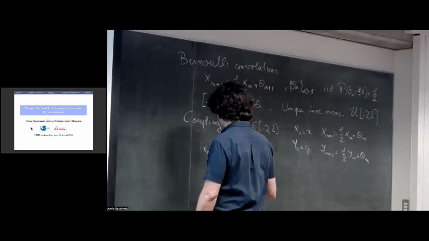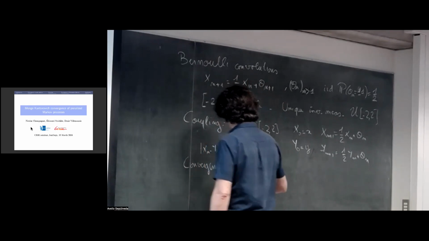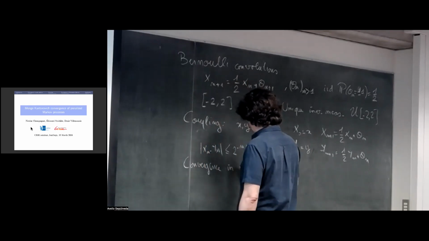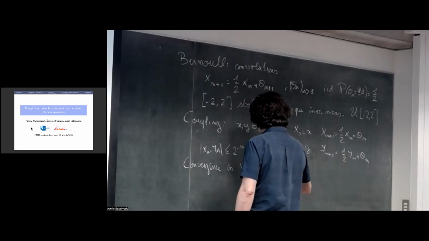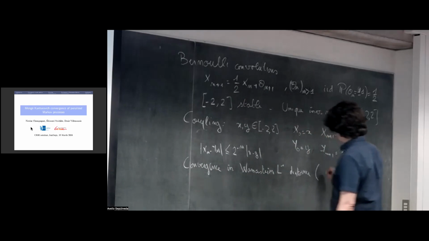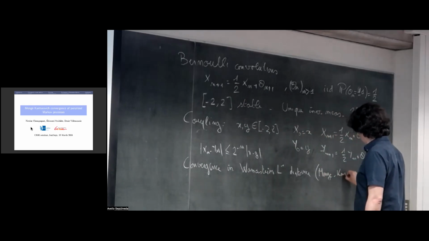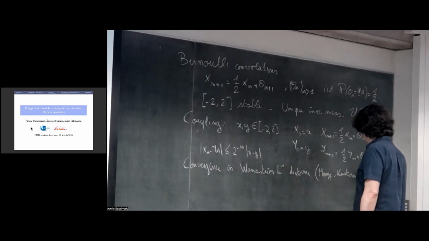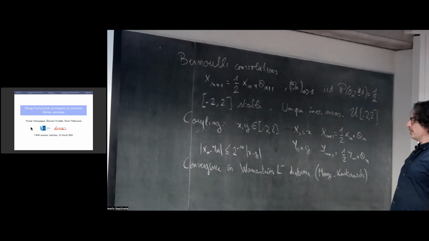And using this, of course, you have convergence, let me call it in Wasserstein L1 distance, which is also called the Monge-Kantorovich distance, to the unique invariant measure.